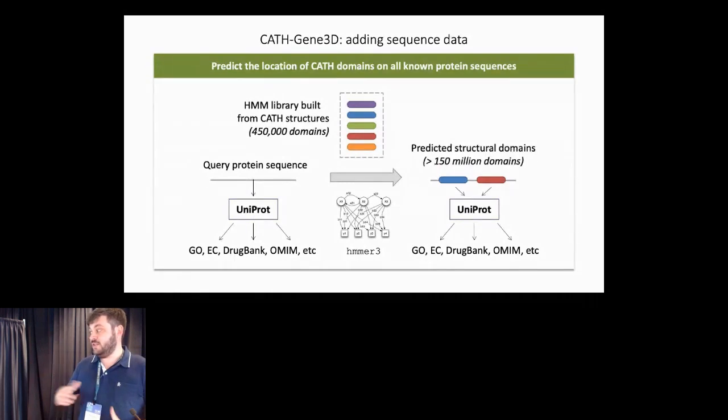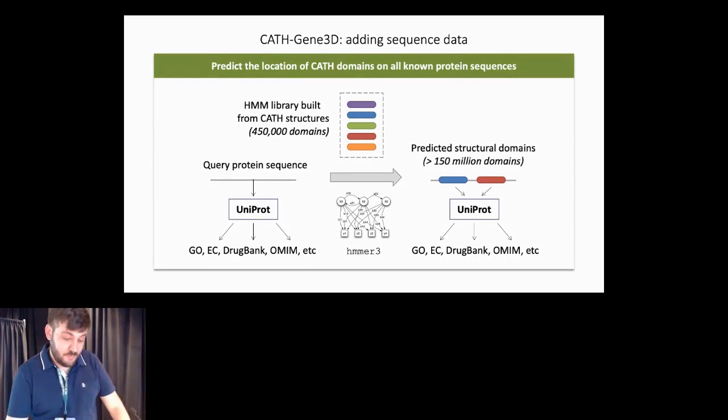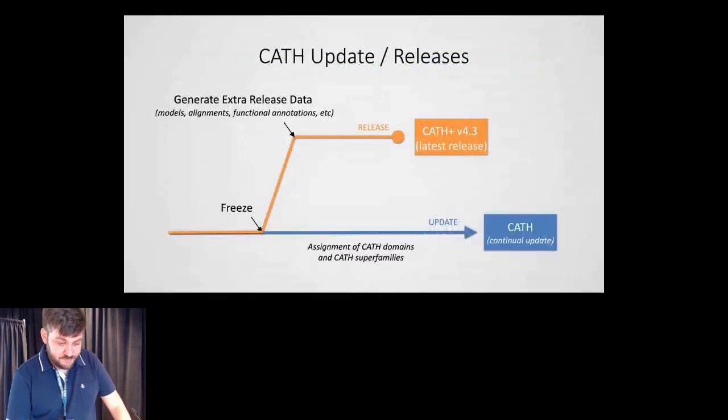We query the sequence space in UniProt using these hidden Markov models, and we inherit annotations such as GO, EC terms, DrugBank, and OMIM, and we assign them to predicted structural domains based on sequence. We're able to expand this core of structures with 150 million domains from UniProt.